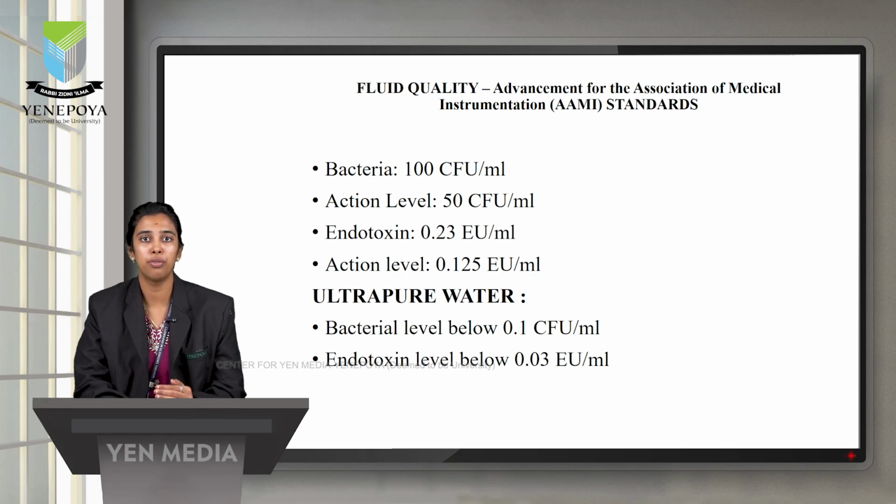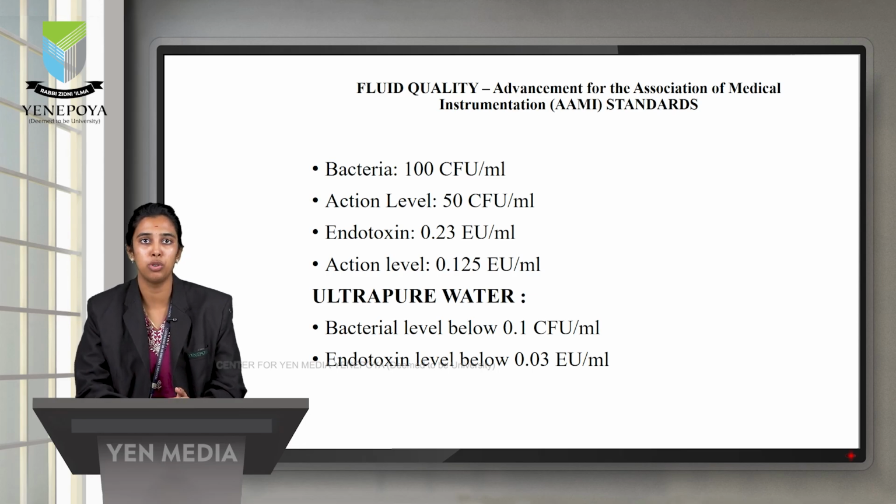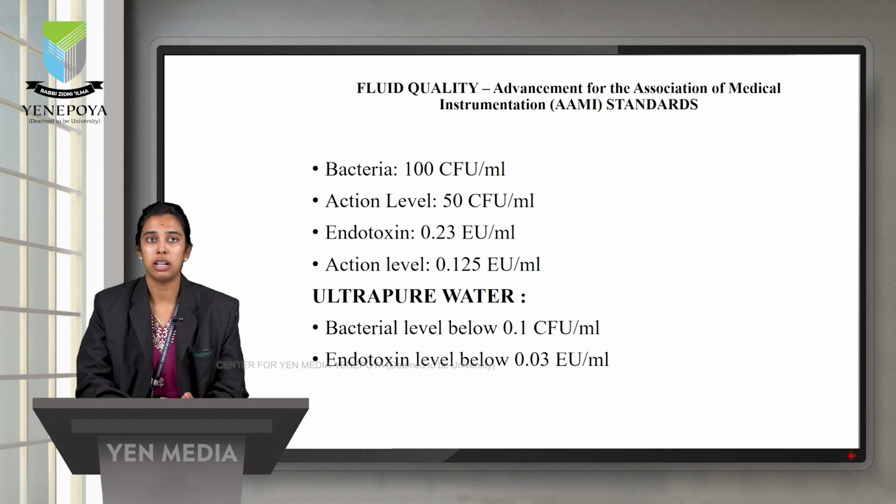Bacteria 100 colony forming units per ml, action level 50 colony forming units per ml, and endotoxin level 0.25 endotoxin units per ml, action level 0.125 endotoxin units per ml.